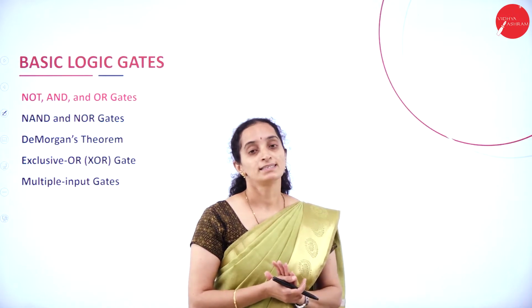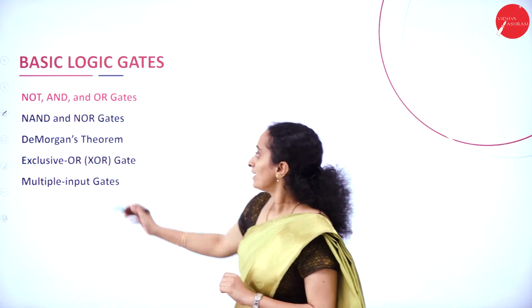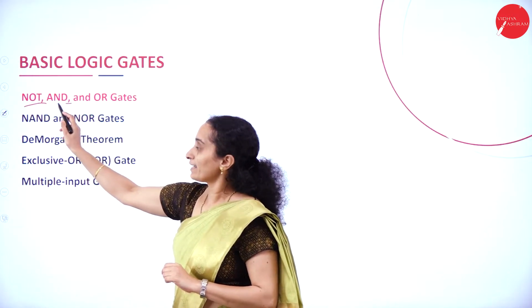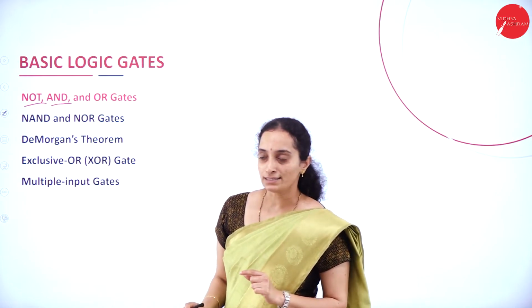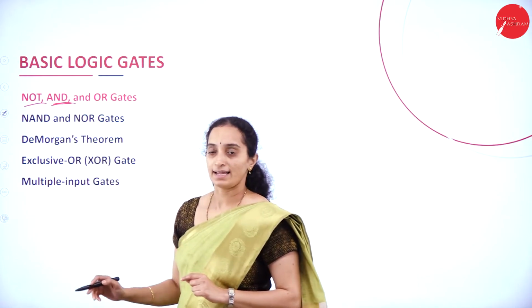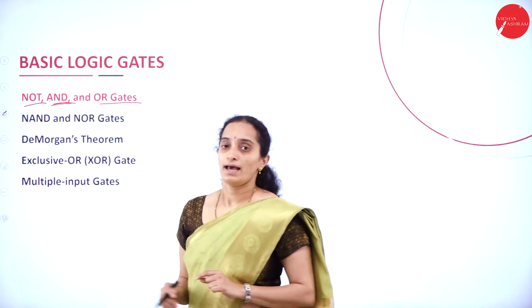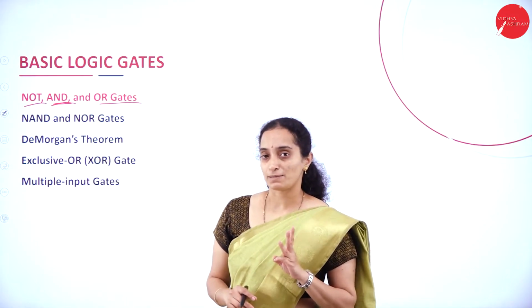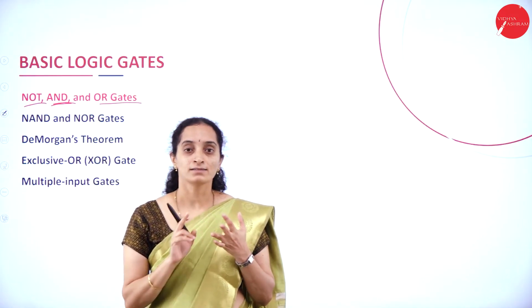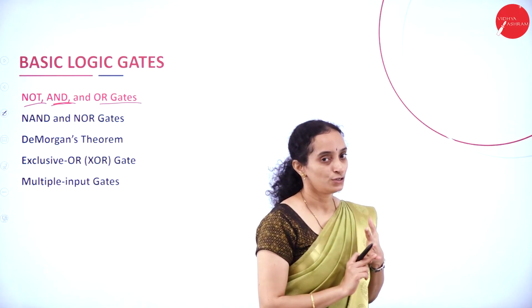We will get the basic logic gates. The basic gates are the NOT gate, the AND gate, and the OR gate. We have three types of gates: AND gate, OR gate, and NOT gate.